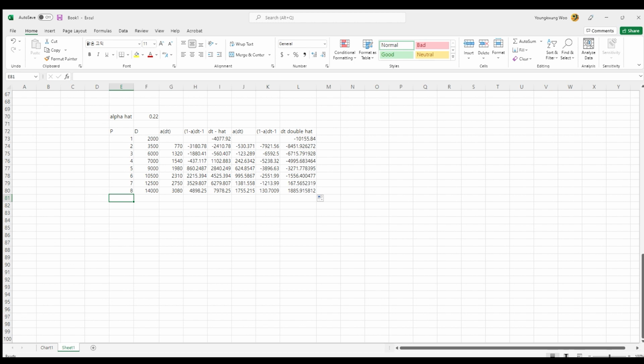We can see that it's higher than demand on 14, so we can say it's about right.